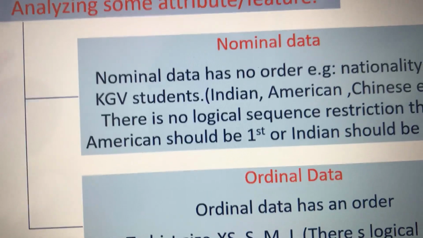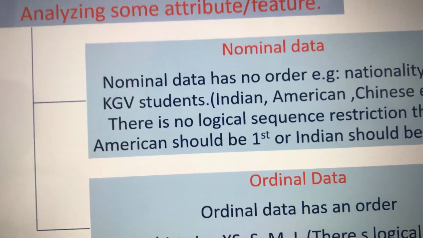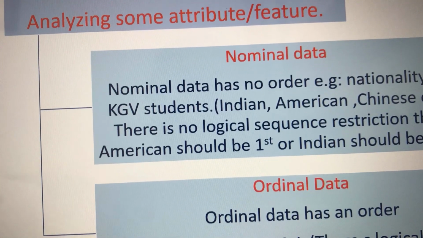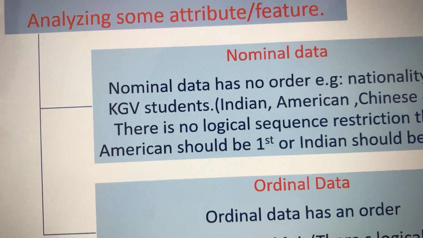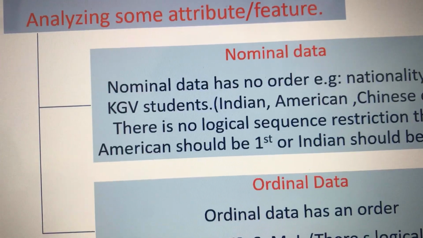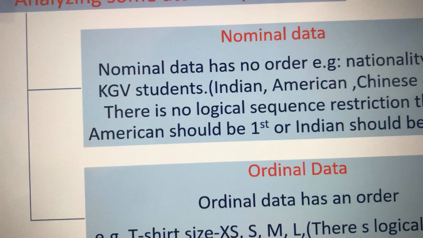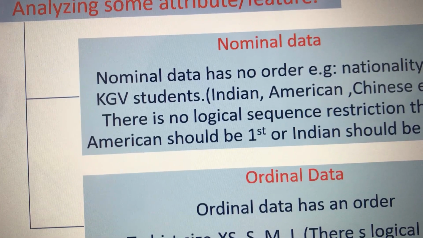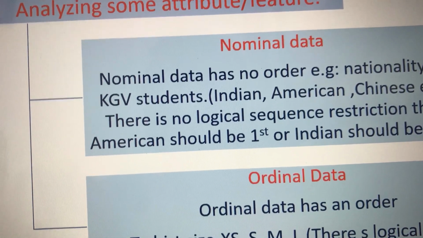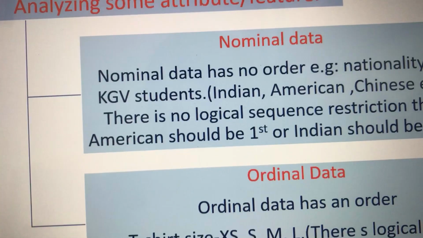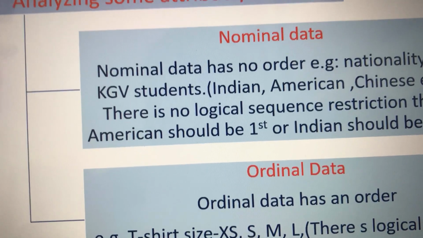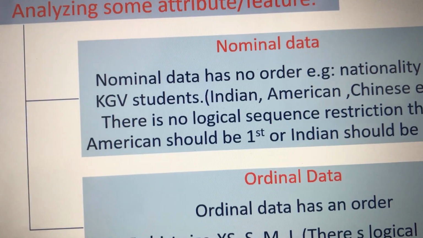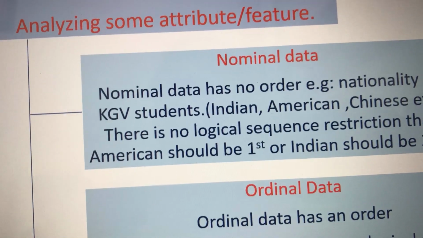Another boy may say Indian first 60 and then American 35. There is no restriction that you have to write American first and Indian next. Each student has free hand to write the order. They cannot change the data about each attribute, but how to put the order for the attributes is their choice.